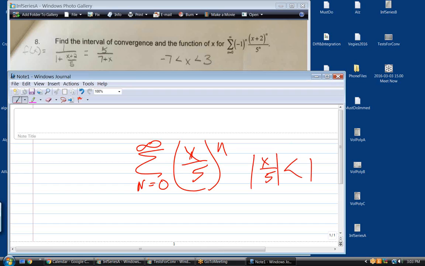And then you'd solve it. That's kind of what she did here. For a geometric series, that's for sure. But for a P series, it's not as rigorous, or for an alternating series, I should say.